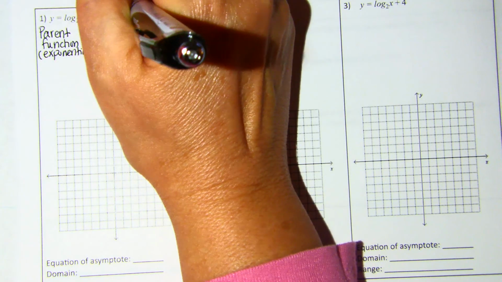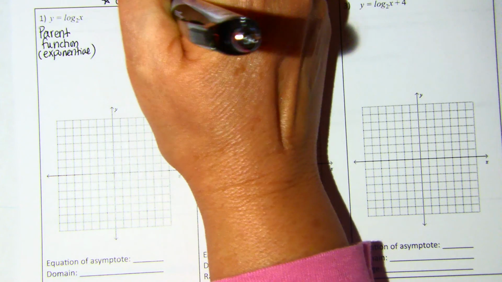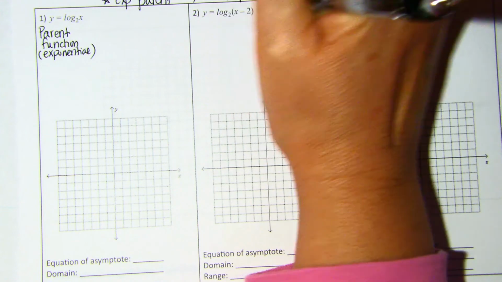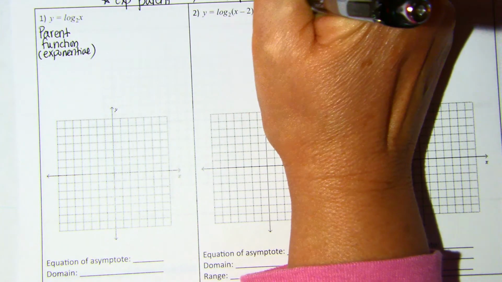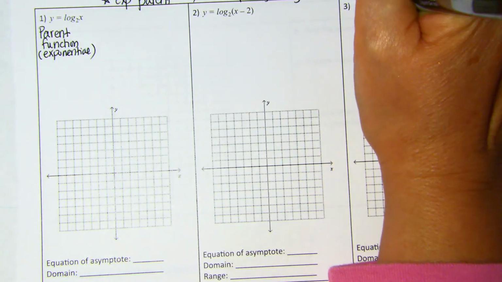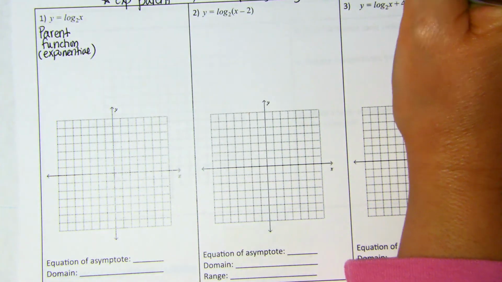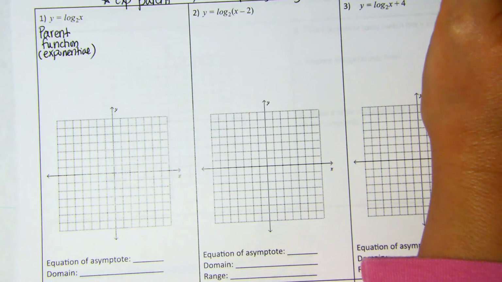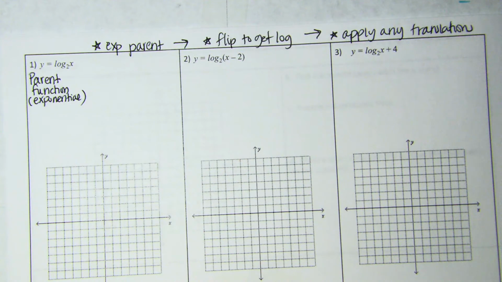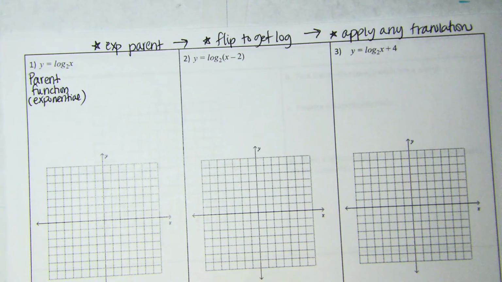So you're going to do the exponential parent, then you're going to flip to get the log, and then you're going to apply any translations. Meaning left, right, up, down. What do you add to the x coordinate or the y coordinate, that kind of stuff?